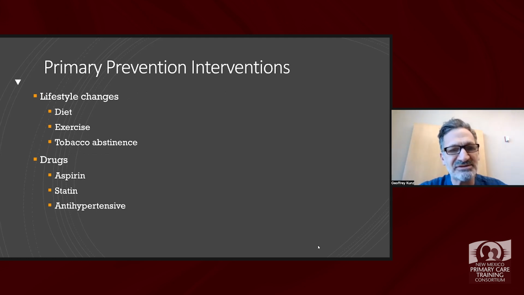The most basic is lifestyle changes, and it's kind of mundane, and it's always listed as something you're supposed to do, but it's not a very sexy topic. People don't like changing things, and often it gets brushed by the wayside during patient interactions.